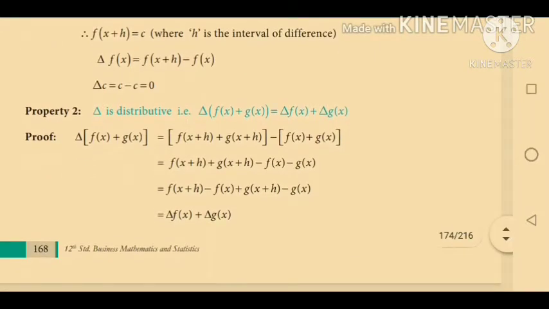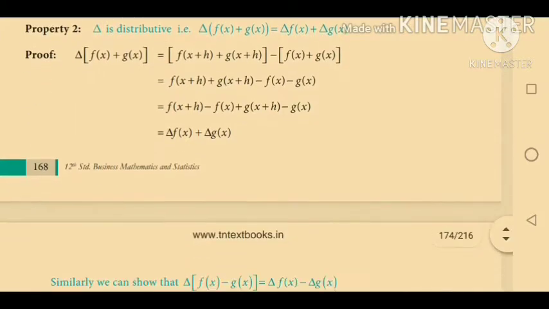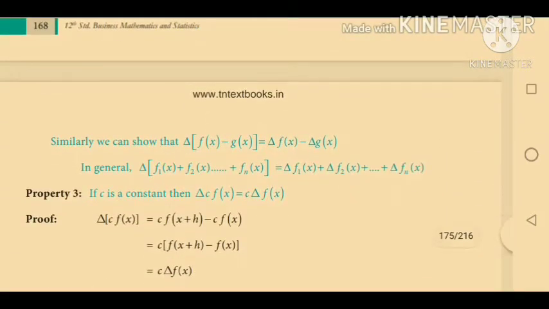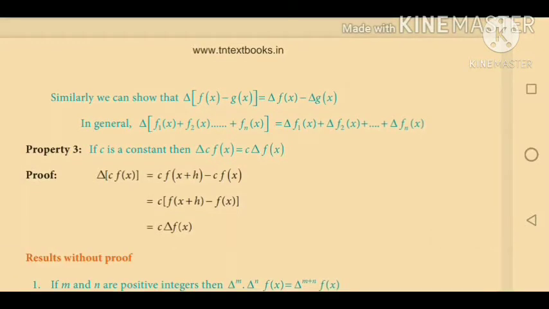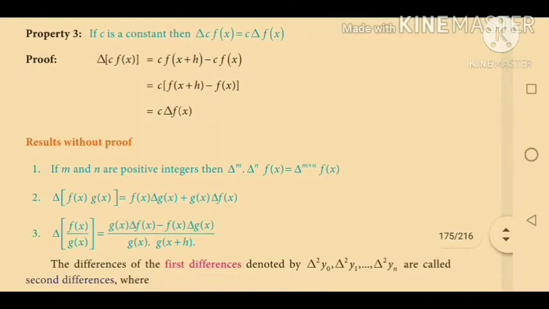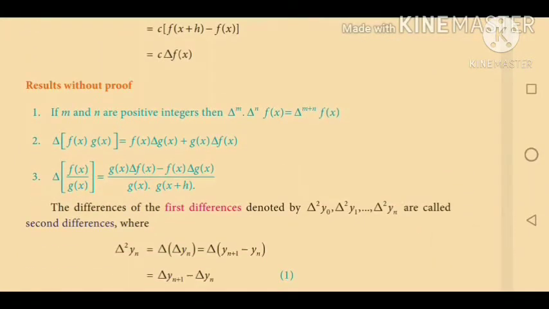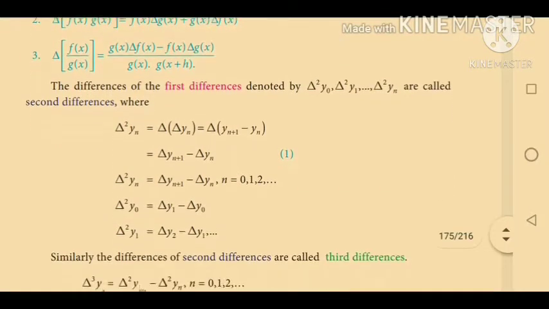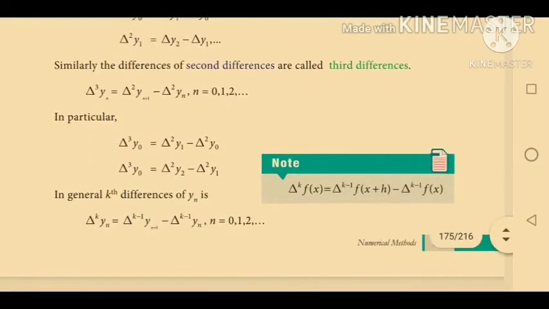The second property is that delta is distributive, that is delta of f of x plus g of x equal to delta of f of x plus delta of g of x. So we can use the distributive property here. The next one: if c is a constant, then delta of c f of x equal to c into delta f of x. We may take the constant c outside. Results without proof, here some formulas are given. We are using these formulas in order to solve the sums.